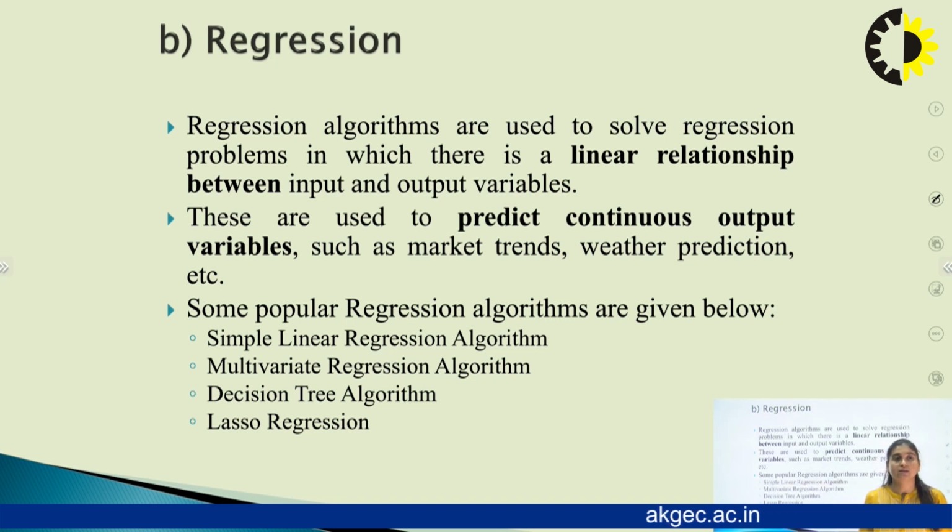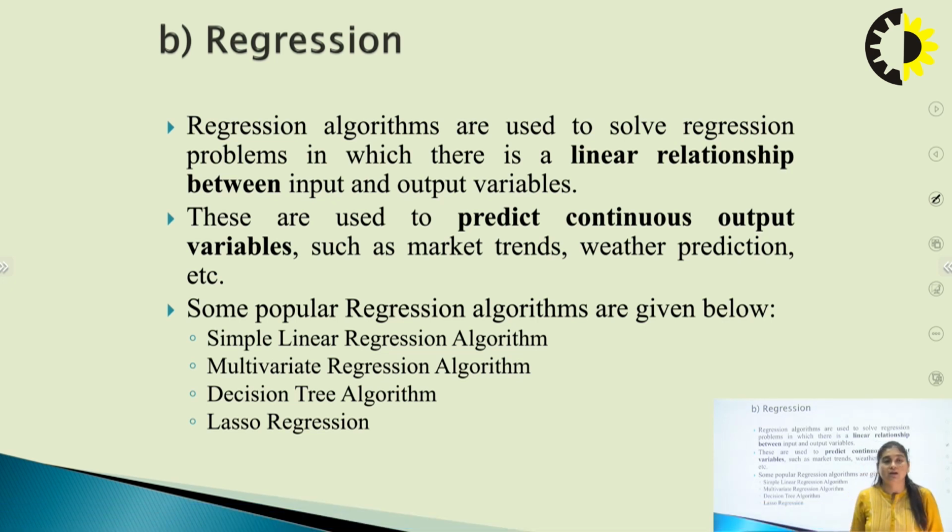So these are some of the algorithms which fall in the regression. There can be the simple linear regression algorithm, multivariate regression algorithm. Suppose you are having more than 2 variables or 3 variables, then that is the multivariate regression algorithm. Then we have decision tree algorithm.